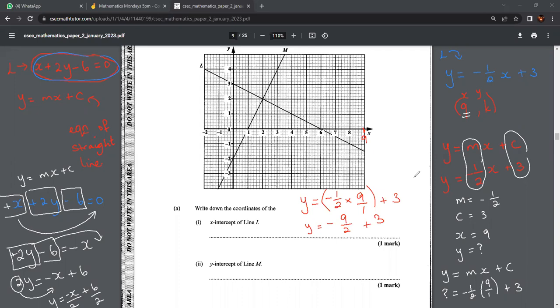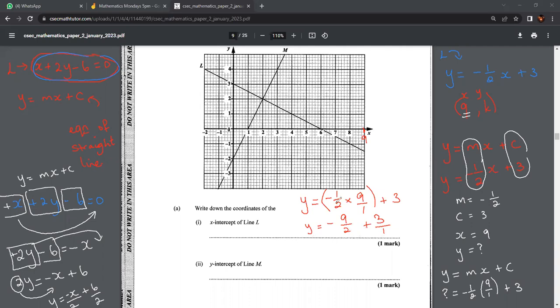Now, I have fractions here. I could put this 3 over 1 and work it as a fraction. I cannot add fractions if my denominators are different. If my denominators are different, I have to find the LCM. The LCM of 2 and 1 would be 2.